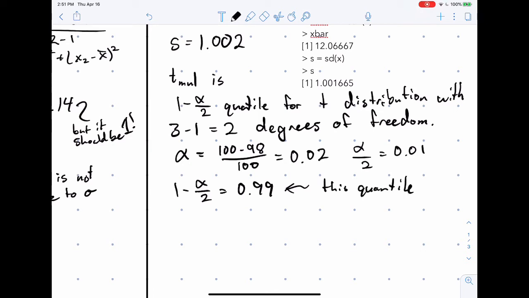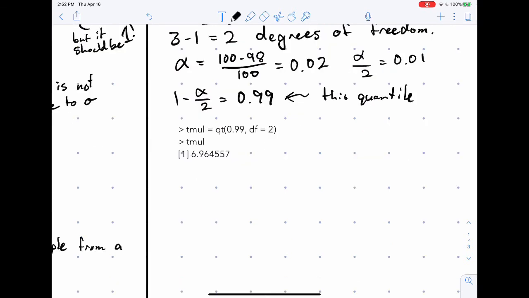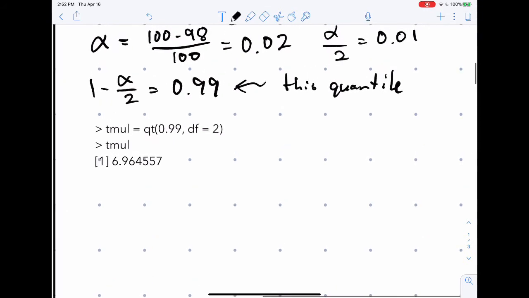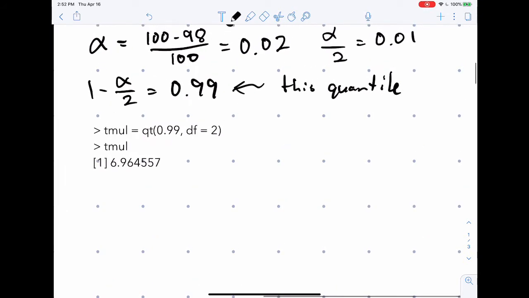We can use a t-table with 2 degrees of freedom. We can also use R. If we're using R, we write this code: qt, q for the quantile, t for the t distribution. We're looking for the 0.99 quantile that we determined right there.